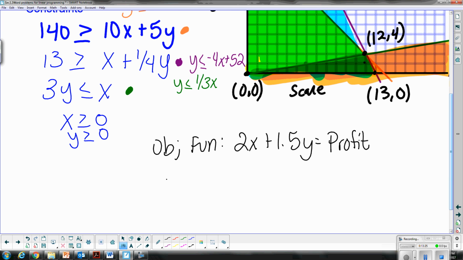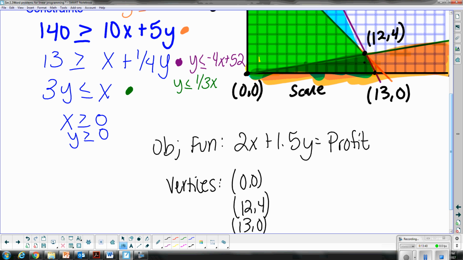Then I'm going to take my vertices: 0, 0, 12, 4, and 13, 0. And I'm going to plug that into my objective function. So 2x plus 1.5y is my profit, which is 0.